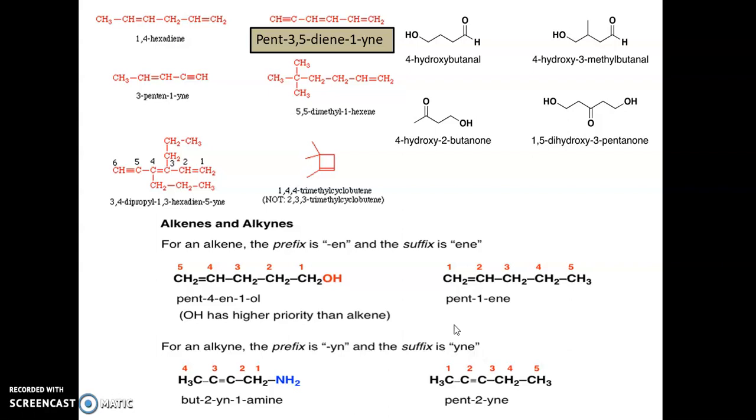But the thing is, if you don't know how to name the compound, then there could be a problem, because questions will come by mentioning the IUPAC names of the compounds.